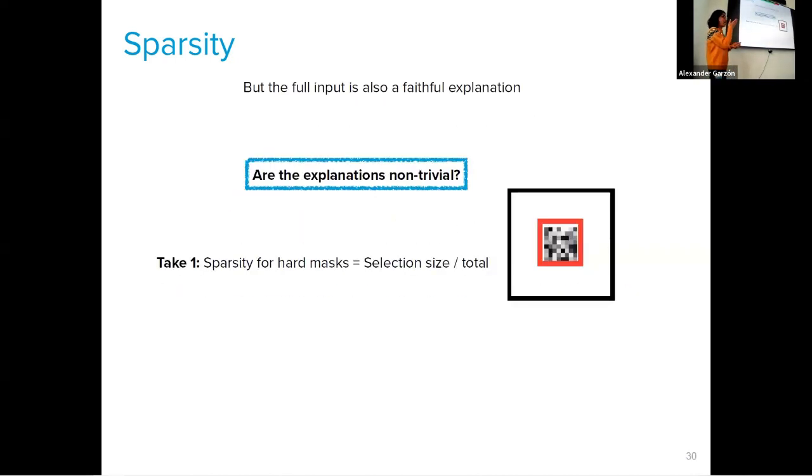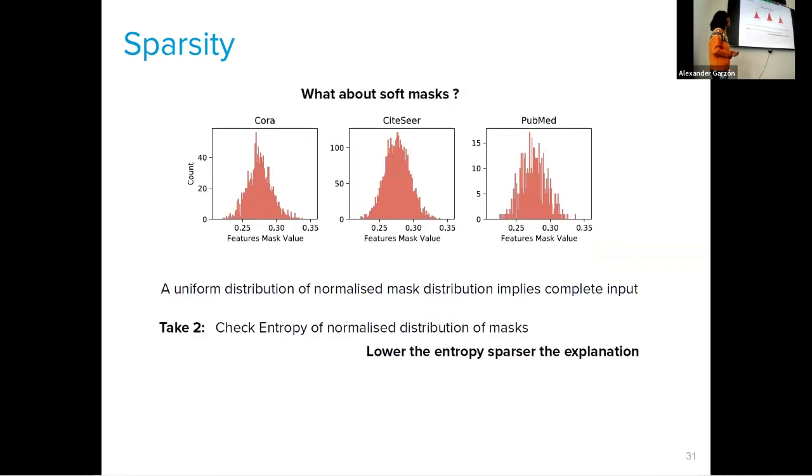In the case of a hard mask, when you have a 1-0 explanation, it's easy to compute the sparsity. But in the case of soft masks, when you have continuous numbers as importances, it could happen that, and this is a real example from a real paper, for one of the explainer methods we looked at the mask values for some of the data sets, and we found out that these mask values are very uniform.